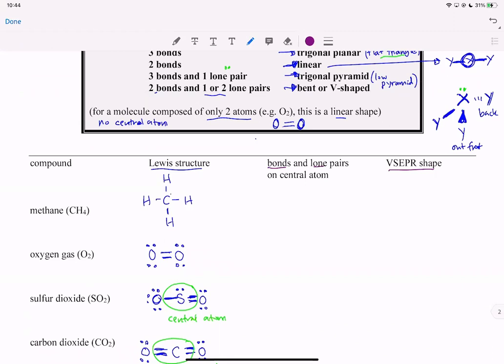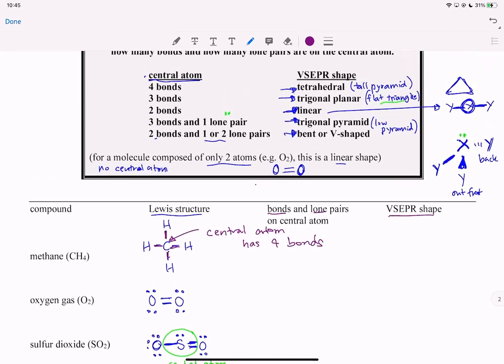So the central atom is carbon, and this central atom has 4 bonds on it. They happen to be single bonds, but there are 4 lines coming out of here: 1, 2, 3, 4. So 4 bonds is the recipe for tetrahedral. So that's the tetrahedral VSEPR shape.